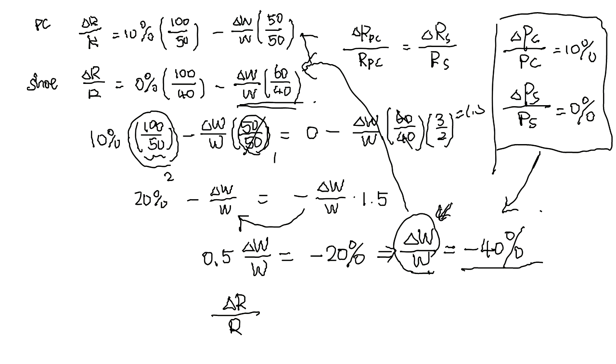So this delta R over R, the change in the rentals on capital, is equal to negative 40 times 1.5.